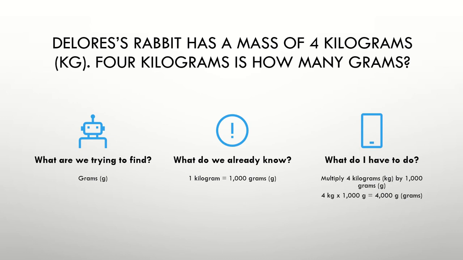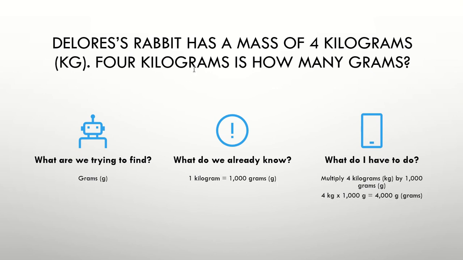Next example. Dolores's rabbit has a mass of 4 kilograms. 4 kilograms is how many grams? So, what are we trying to find? Look at the question. How many grams? We're trying to find grams, okay? So what do we know? That 1 kilogram is 1,000 grams.